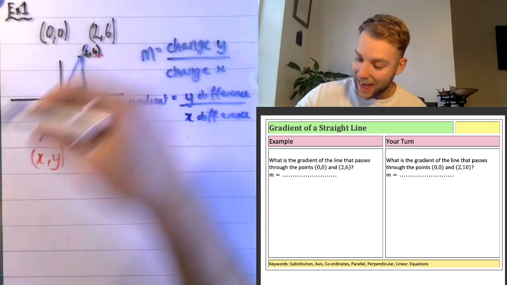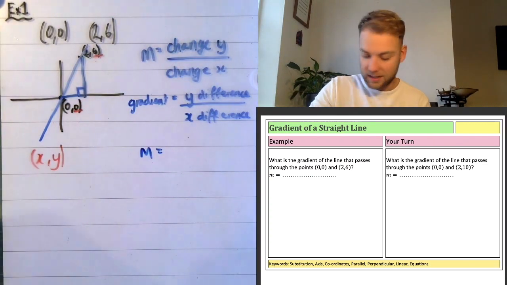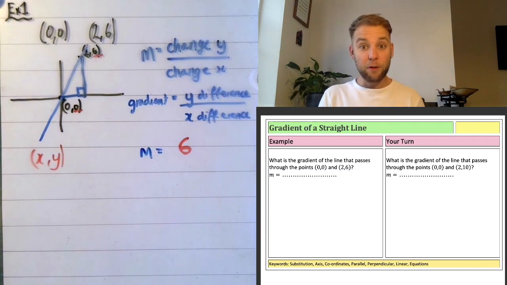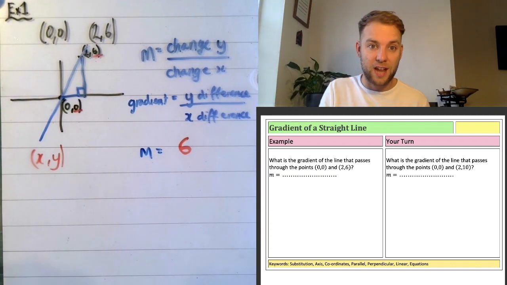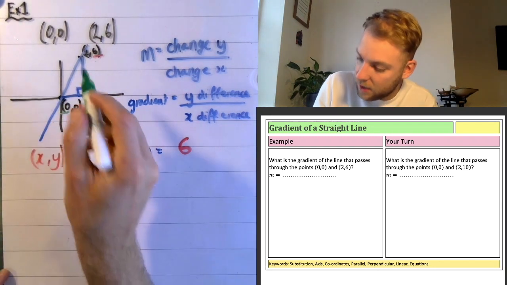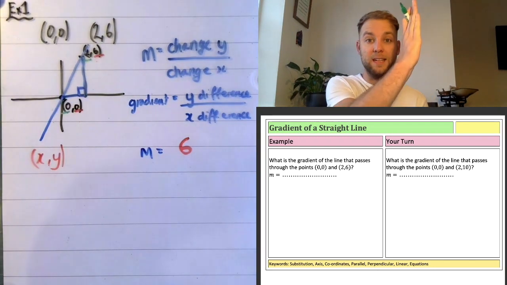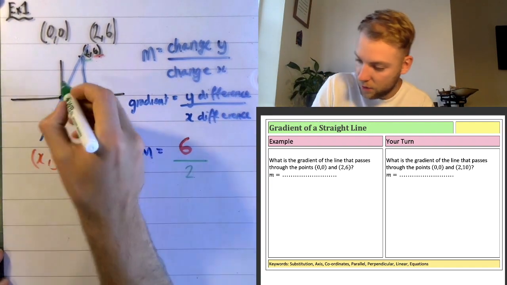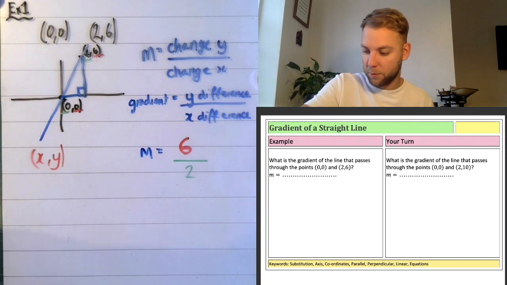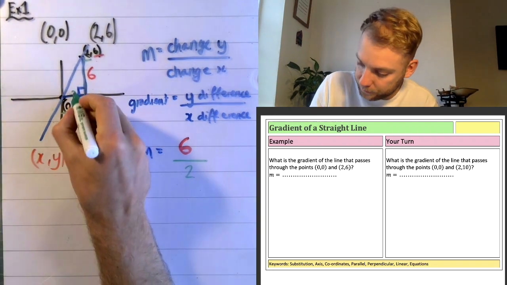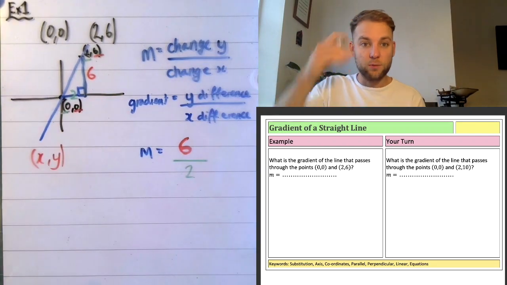Well, that height there, from 0 to 6, is going to be equal to 6, isn't it? And then how far across is it? What's the change in x? Well, I'm going to do this one in green. Well, from 0 here over to 2 is going to be across by 2. So it's going to be 6 up here with my triangle, and across by 2. Okay, 6 up, 2 across.